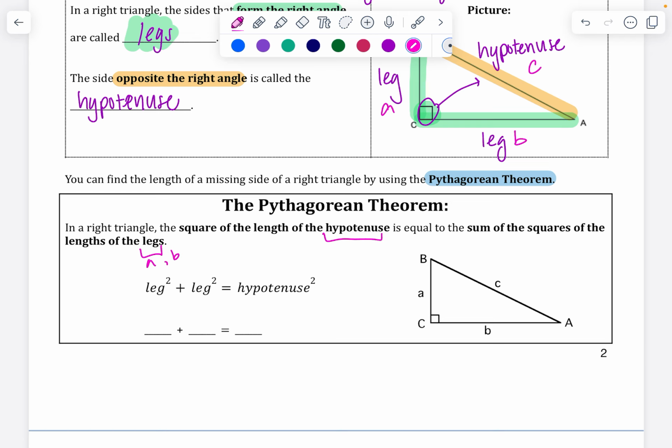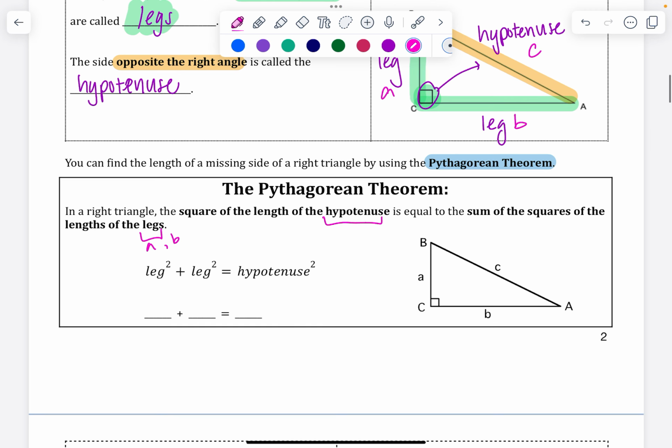Okay, what happens is this, all these bolded words, guys, it just means this, is I'm going to have leg squared plus leg squared is equal to the hypotenuse squared, right?